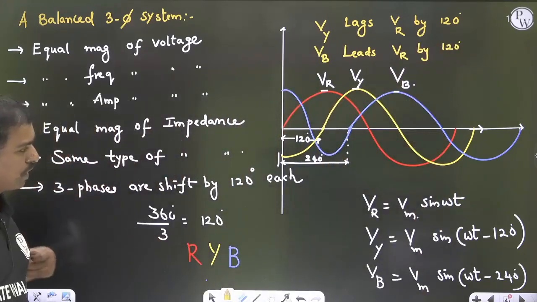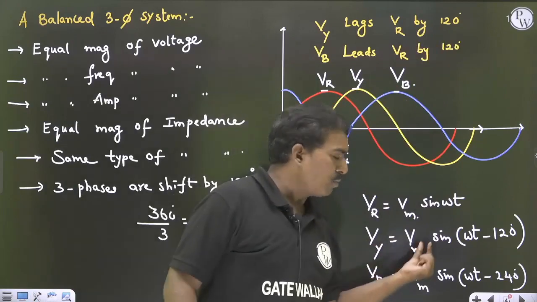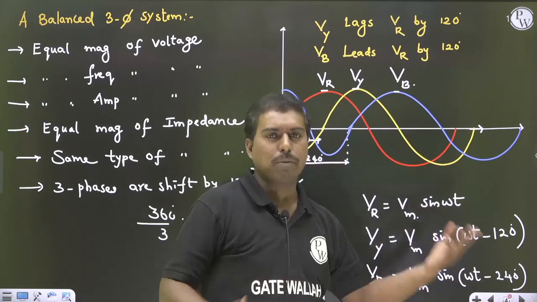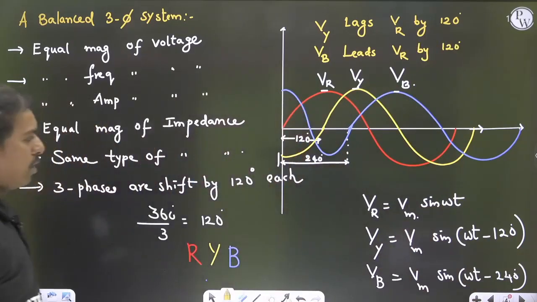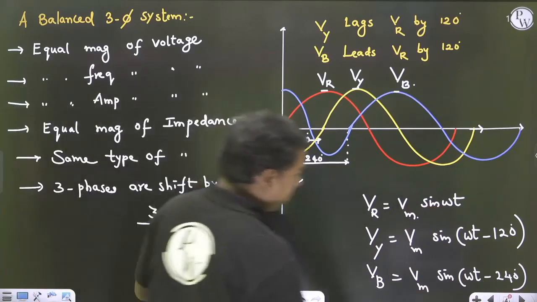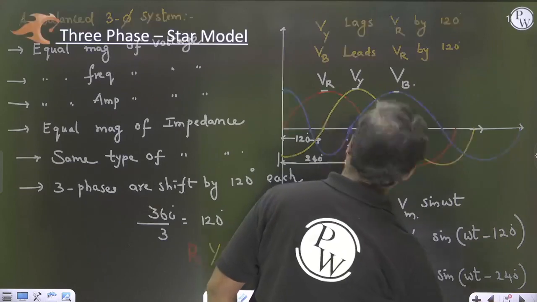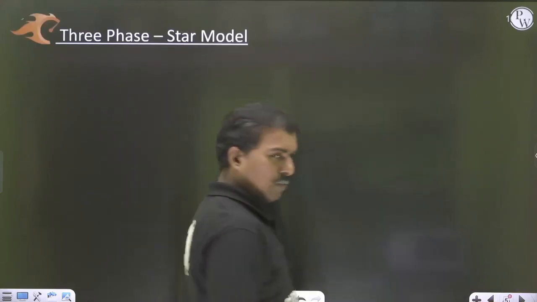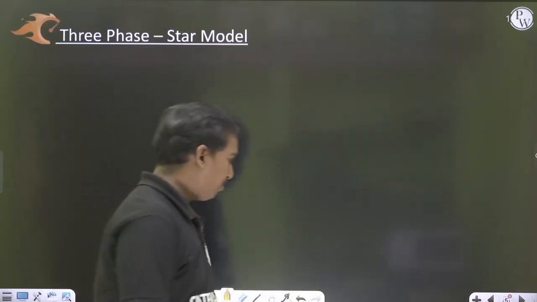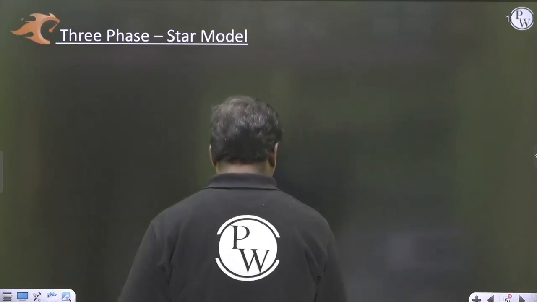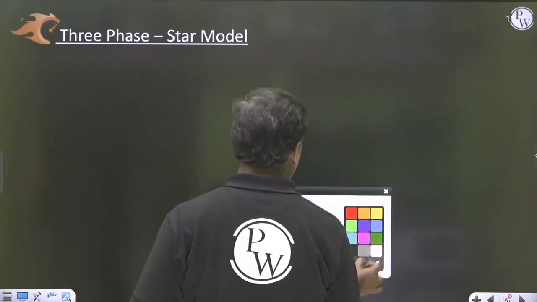VR is equal to Vm sin omega t, VY is equal to Vm sin of omega t minus 120. That we can represent with reference to the waveform, with reference to the graph also. With respect to the graph, how it will be, just let me take.